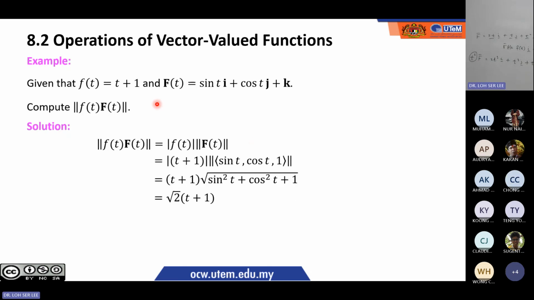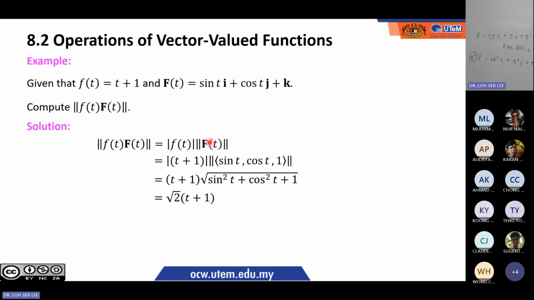Now we look at this one, magnitude. This is a scalar function, and this is a vector function. We want to compute the magnitude of the product function of these two. According to the formula just now, this equals this. For the scalar function, you just put a modulus. The modulus of t plus 1 is t plus 1.